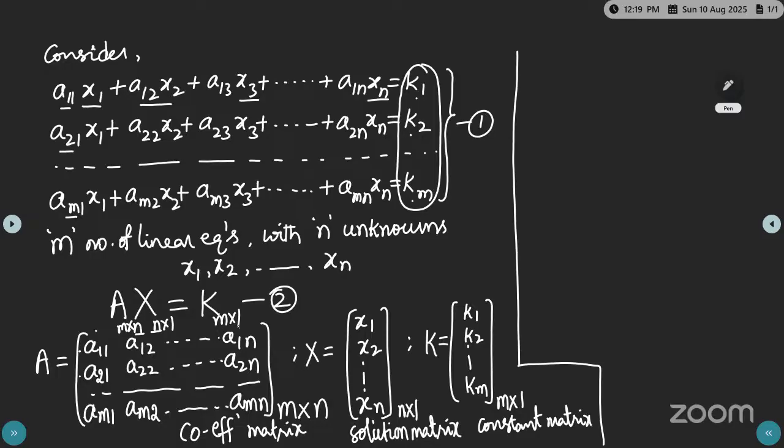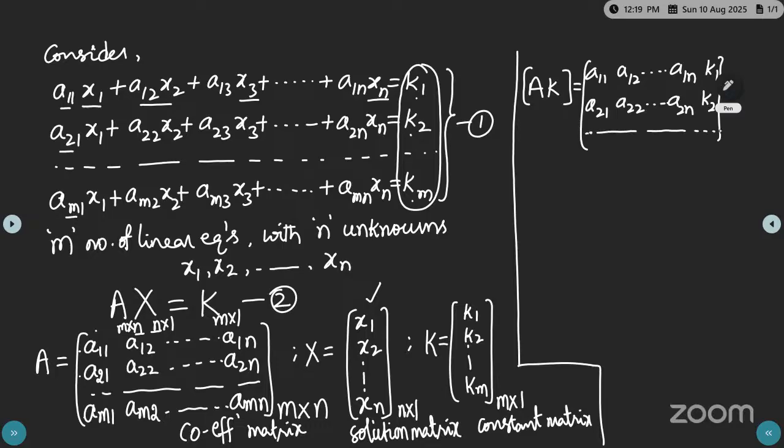Re-verify. Now, in order to find the solution matrix, what you have to write is the augmented matrix [A K]: a11, a12, and so on, a1n, k1; a21, a22, and so on, a2n, k2; and so on; am1, am2, and so on, amn, km.